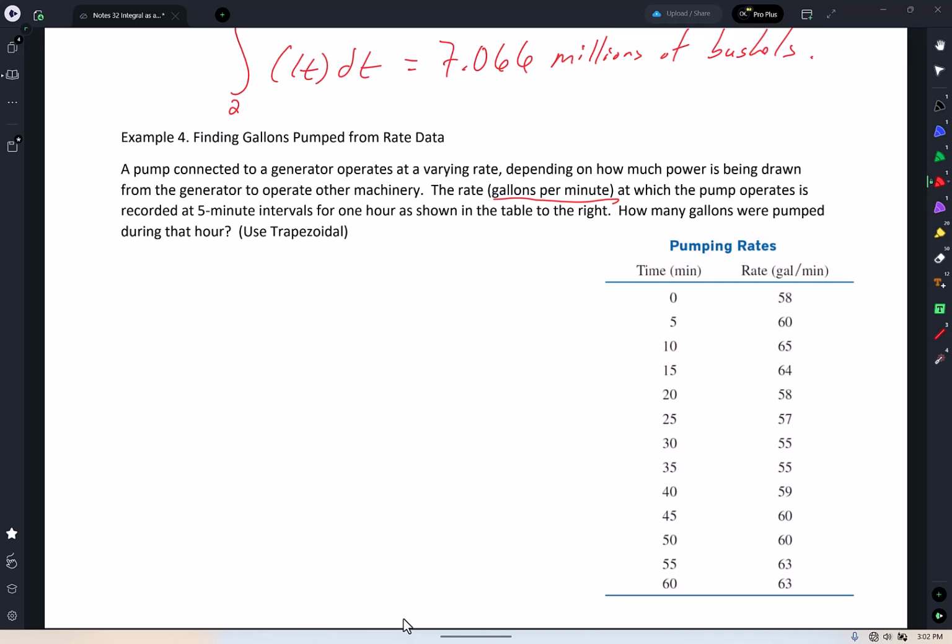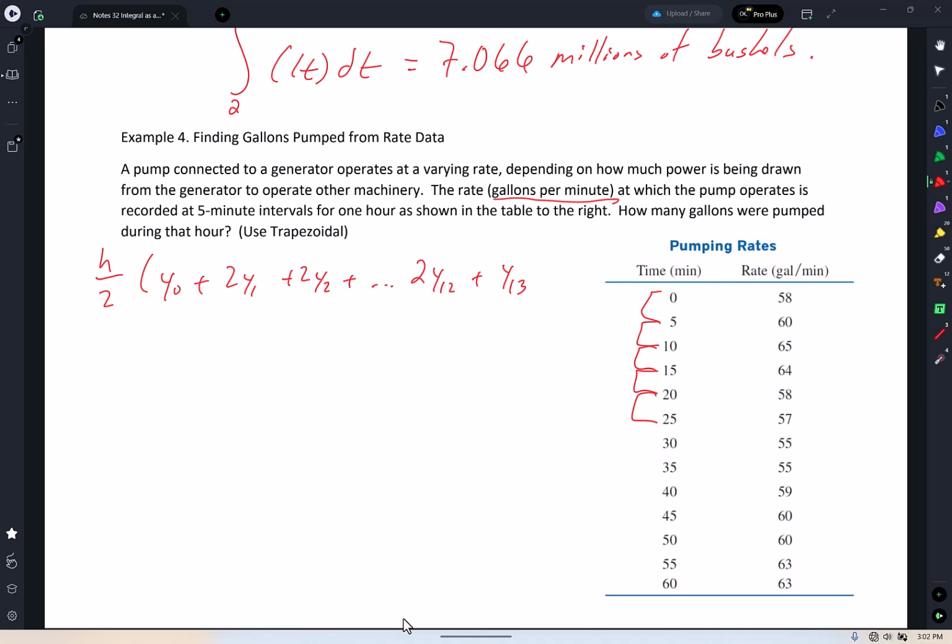All right, notice all of them have 5-minute intervals. Cool or not cool? So I'm going to use this formula: h over 2, times y0, plus 2y1, plus 2y2, plus ... 2, how many are there? 1, 2, 3, 4, 5, 6, 7, 8, 9, 10, 11, 12, 13. Okay, plus 2y12 plus y13.